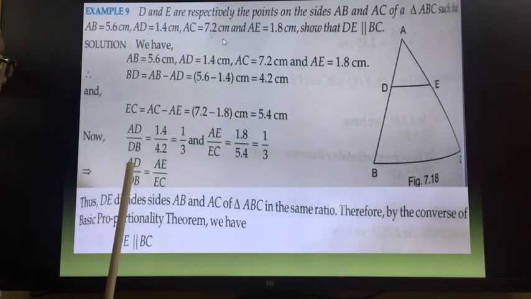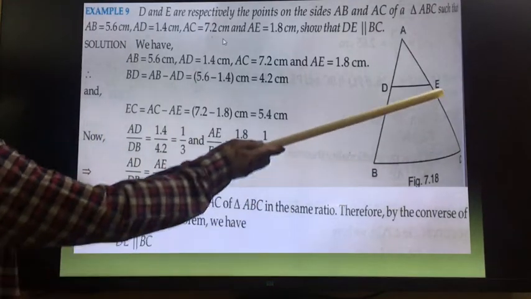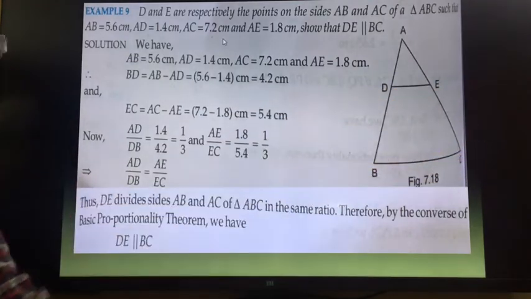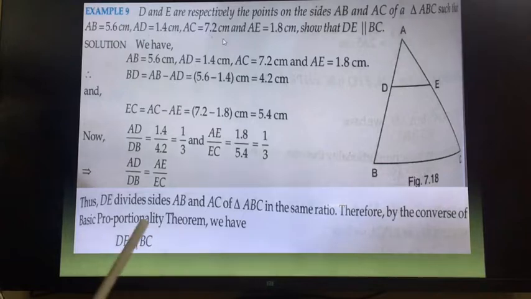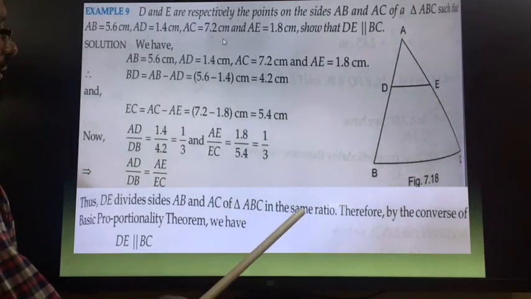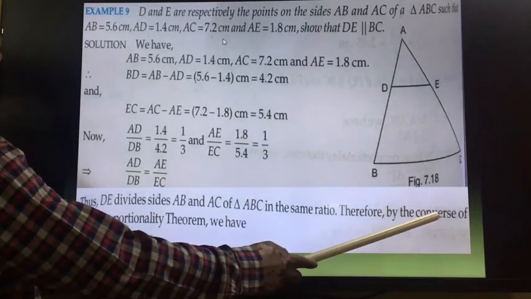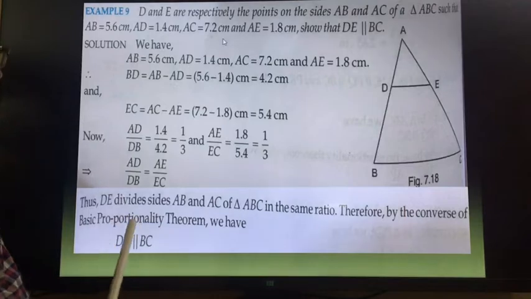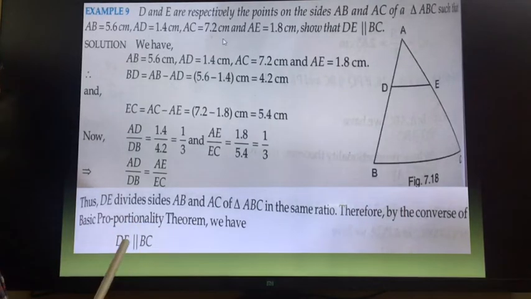And if both the ratios are equal, then the line will be parallel to the third side. This is called the converse of the BPT theorem. So thus the DE line divides AB and AC in the same ratio. Therefore, by the converse of the BPT theorem, the basic proportionality theorem, we can say the DE line is parallel to BC.